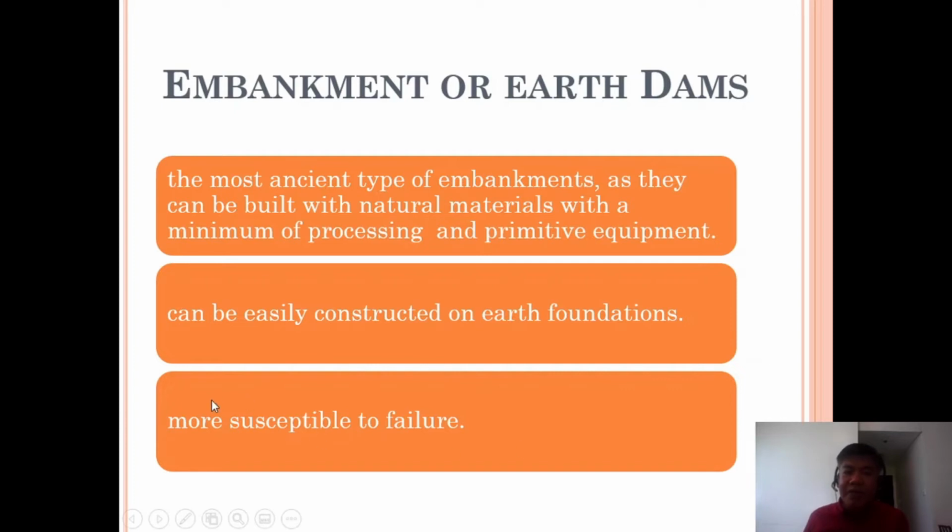But the problem is that embankments are more susceptible to failure because of the material itself. Number one is the slope. If you fail in the design of the slope, it will end up in failure. Another one is seepage, because there will be seepage through the body of the dam, aside from the seepage below the foundation.